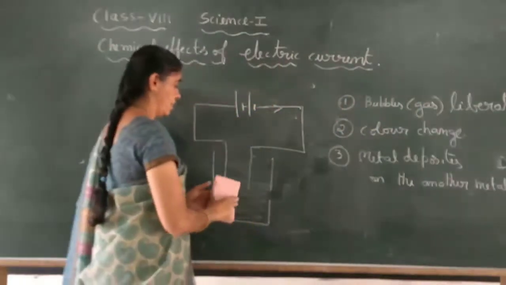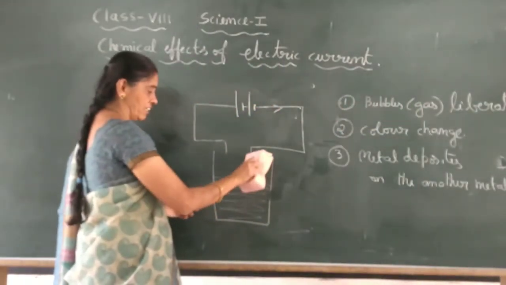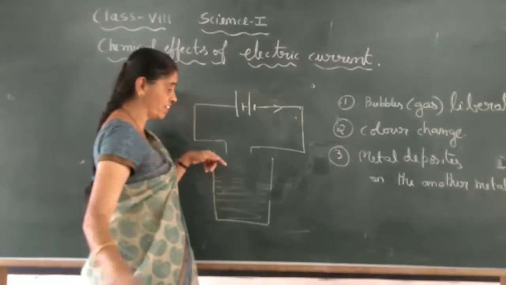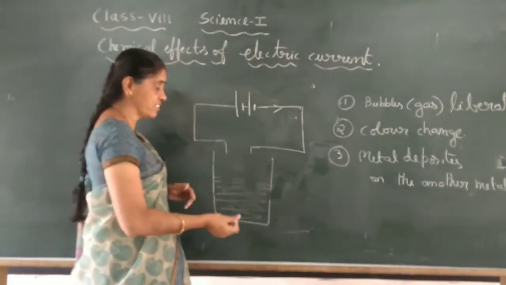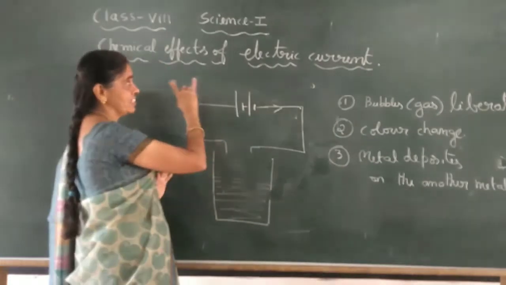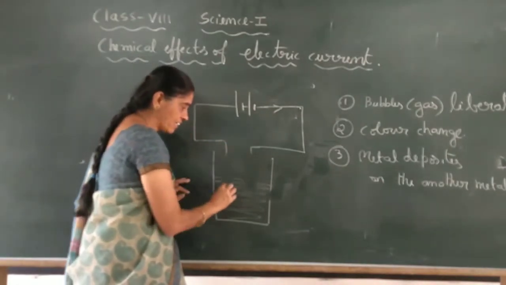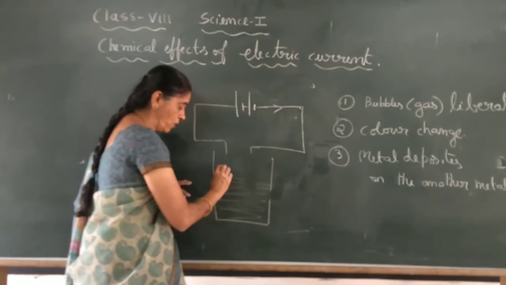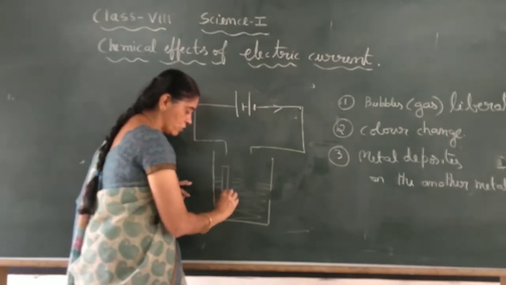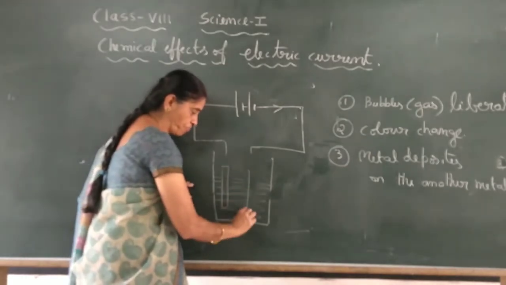In the experiment, they have given, for testing it, you just have to dip the wire, isn't it? But to properly see the chemical change, instead of directly inserting the wire in the liquid here, you have to take two metal plates.